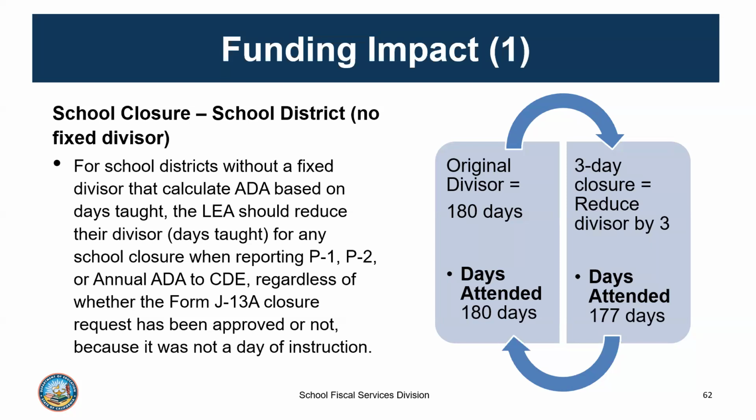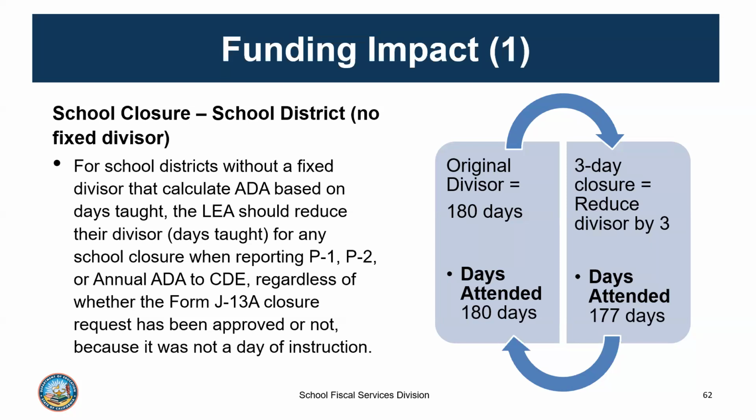For example, an LEA was originally set to have 180 days of instruction. As such, their divisor was 180. To calculate ADA, they would have divided the number of days of actual attendance over 180 days taught.